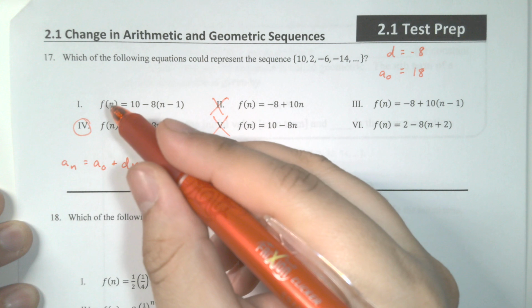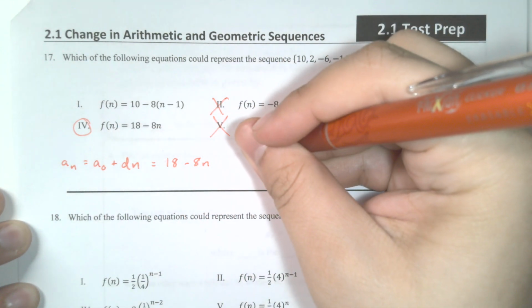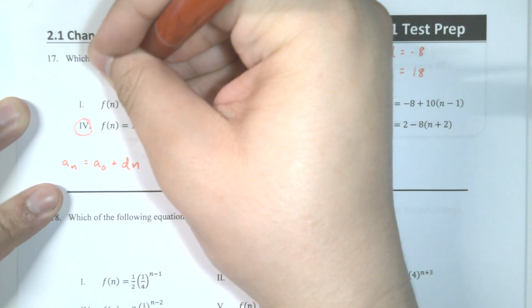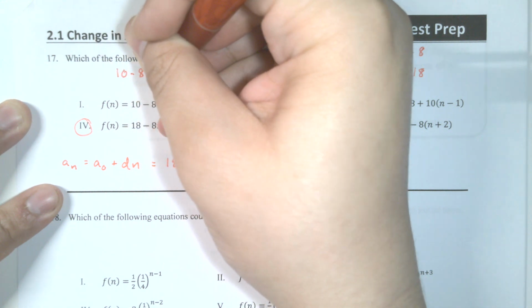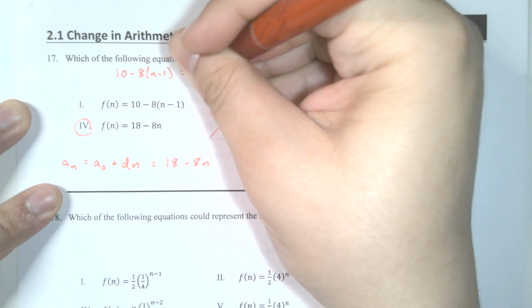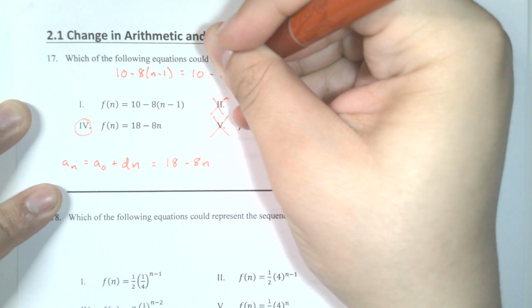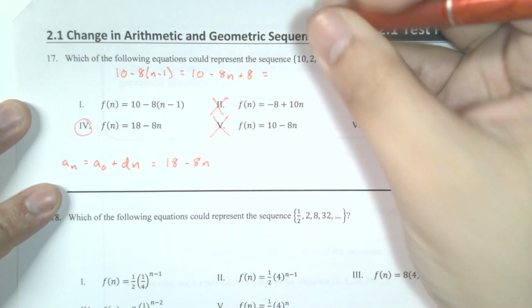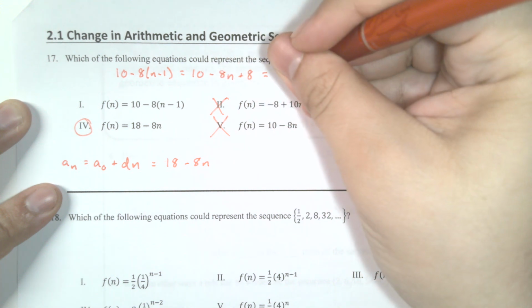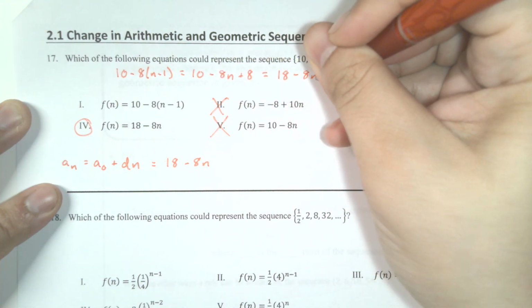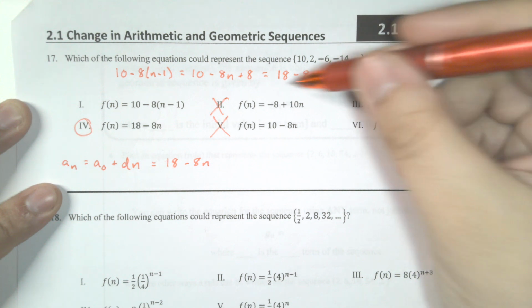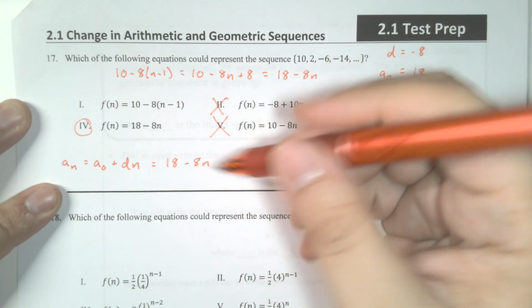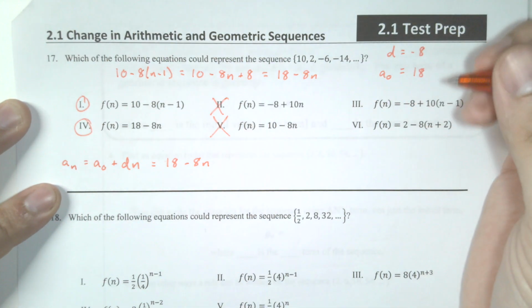But what about number 1 here? Well, we can always simplify that. If we take 10 minus 8 times n minus 1, this is going to be equal to 10 minus 8n plus 8, and then 10 plus 8 is 18, minus 8n. So 18 minus 8n, 18 minus 8n. This one checks out.